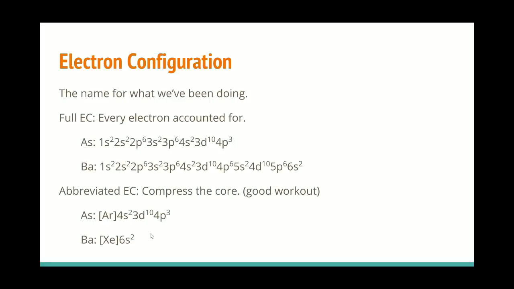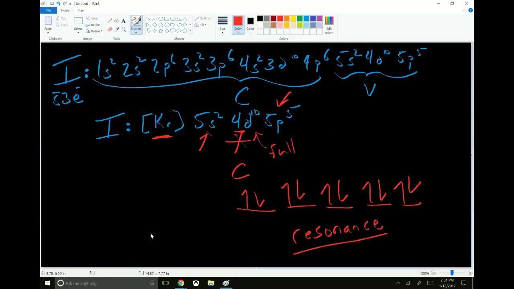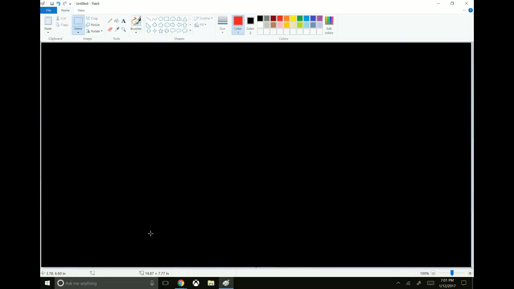And that does it for our discussion of quantum mechanics and the structure of orbitals and electron configuration. So hopefully you'll be able to get from this the names and shapes of orbitals.